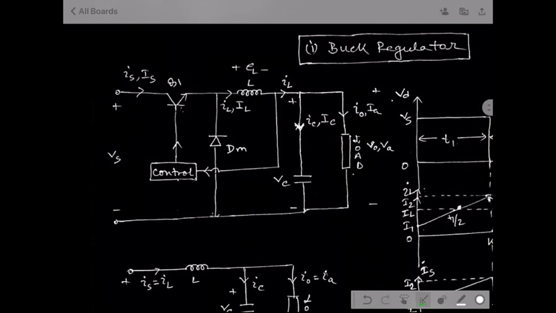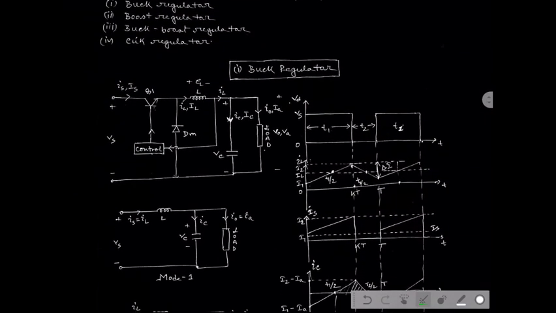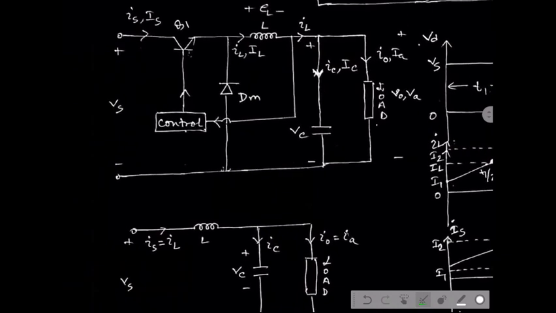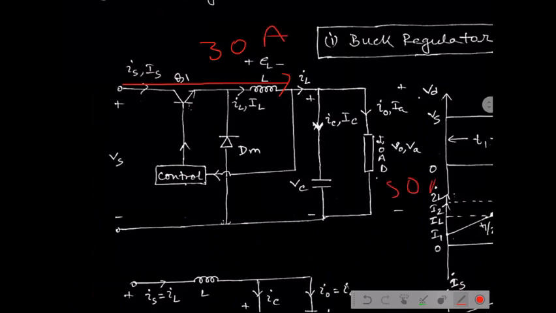When the switch is on and the inductor current starts gradually increasing from a low value, suppose 30 ampere, and we assumed the constant output current is 50 ampere, then the excess 20 ampere is delivered by the capacitor.